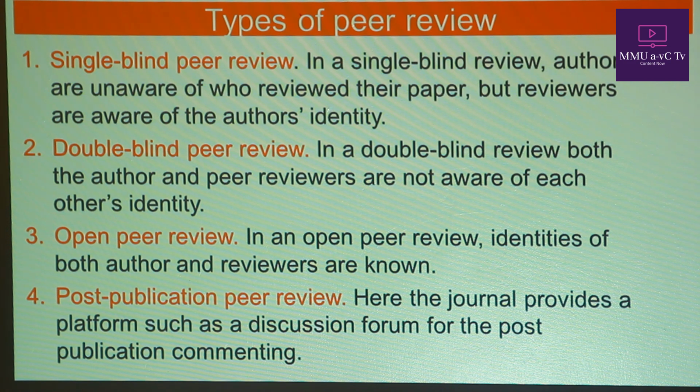So normally what happens when you submit your manuscript, the chief editor will remove all those details on the first page, where you have the institutional affiliation, where you have your names. We'll remove all those and we'll just send the manuscript with just the title and all the other subsections. So as we said, that one assists to remove bias. Can you imagine if your work, for example, landed into the hands of your enemy?